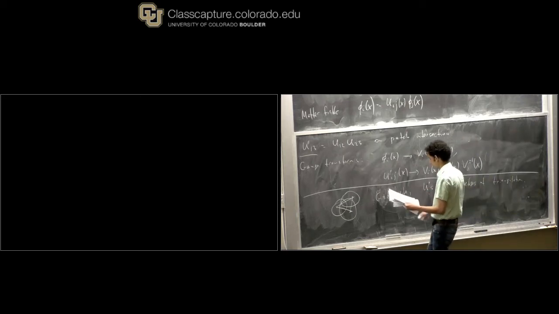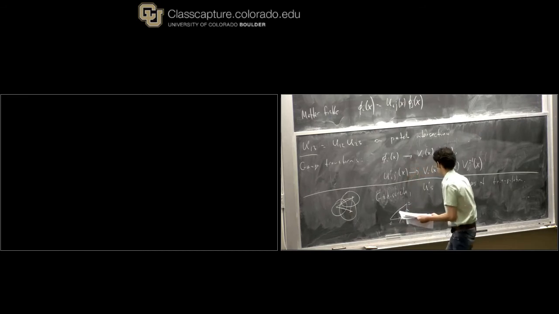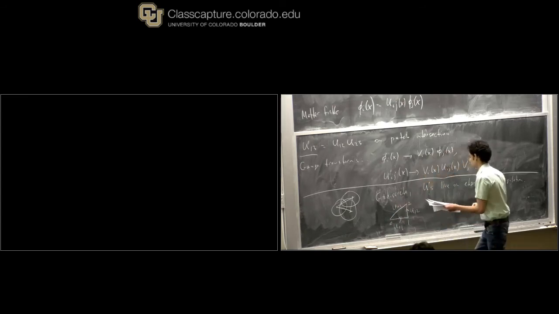And they still satisfy the consistency condition that on every 2 simplex, we have U01 U12 is going to be equal to U02.